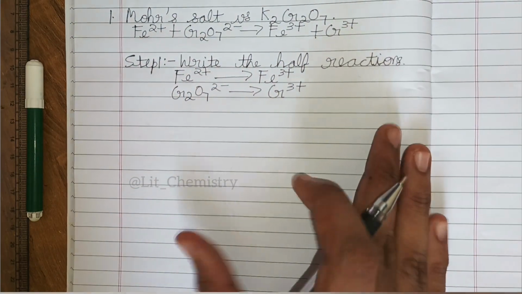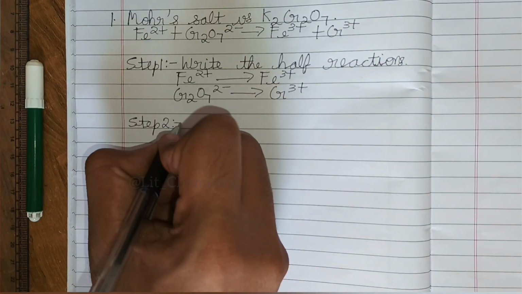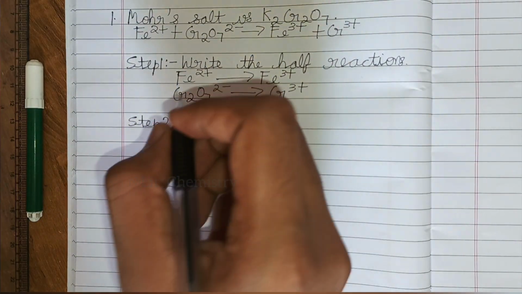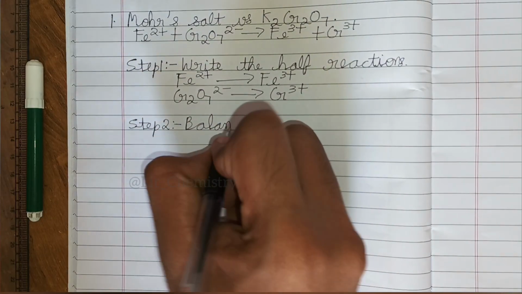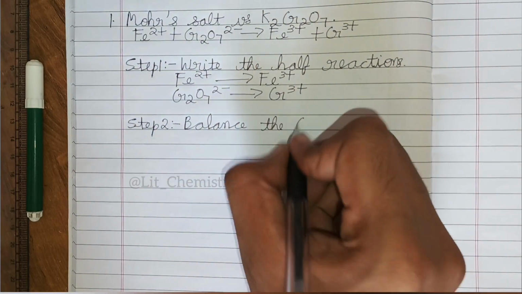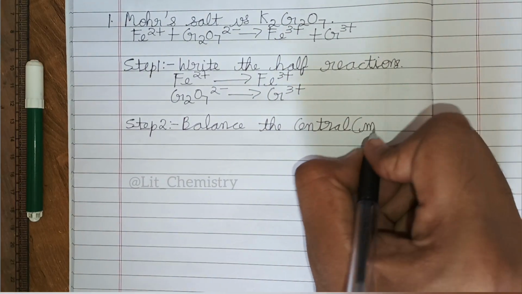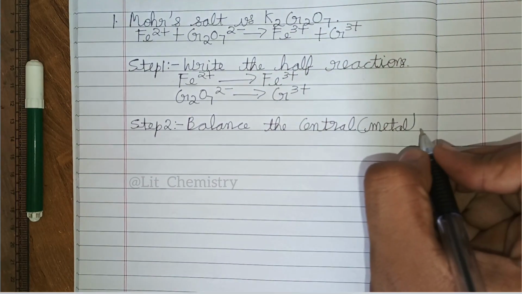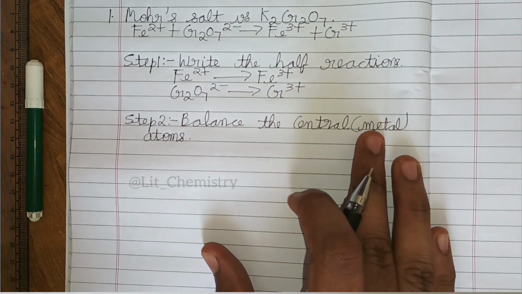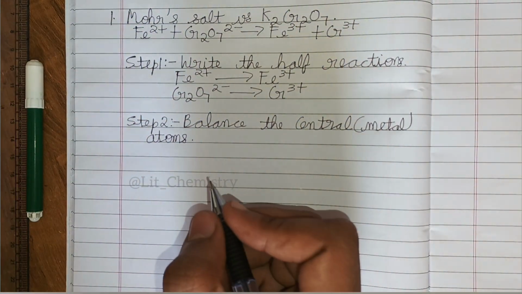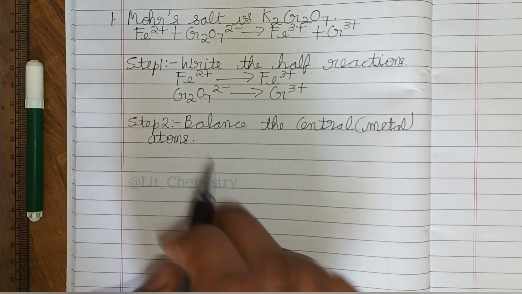Step 1 is done. Step 2 is balance the central atoms, usually metal atoms. We write the same thing here again.